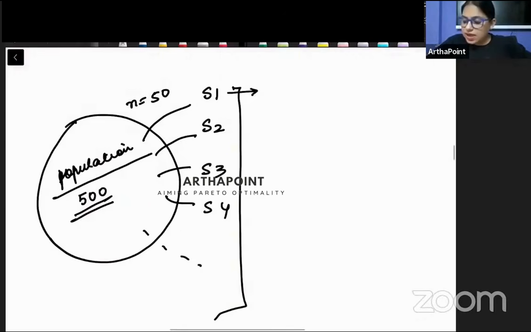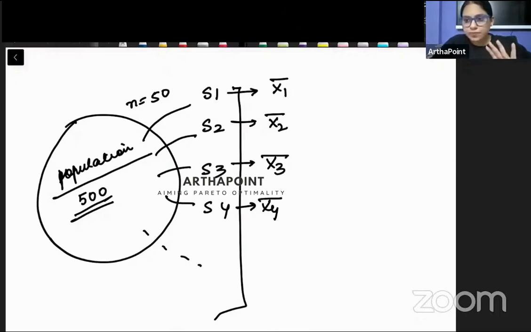Now I am saying that I am finding the mean of sample 1, I am finding the mean of sample 2, mean of sample 3, mean of sample 4 and so on.